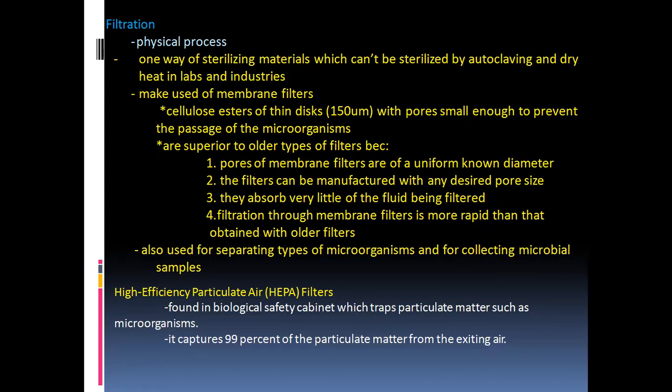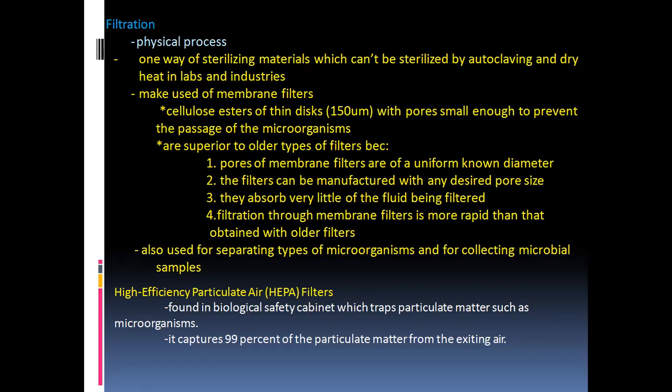Filtration uses membranes, various types of micromembranes. These membranes are made up of cellulose esters, thin discs of about 150 micrometer, with pores small enough to prevent the passage of microorganisms. So these microfilter papers or membranes do not allow microorganisms to pass through.